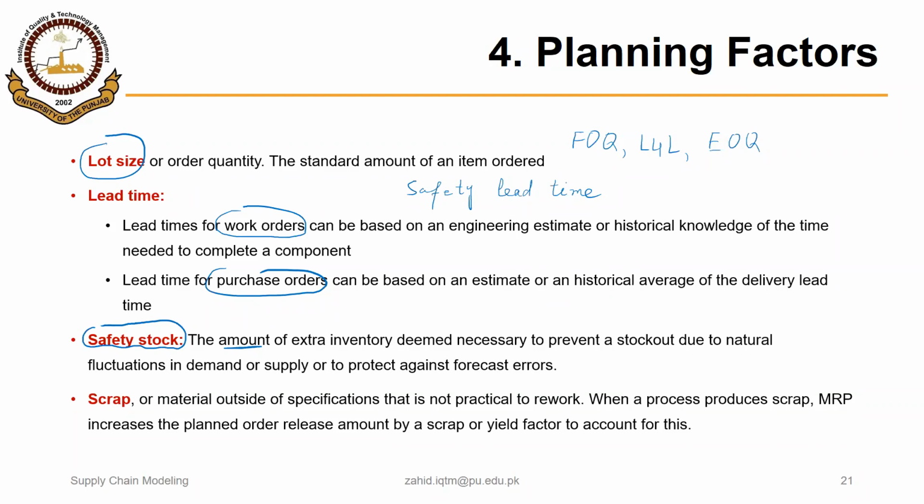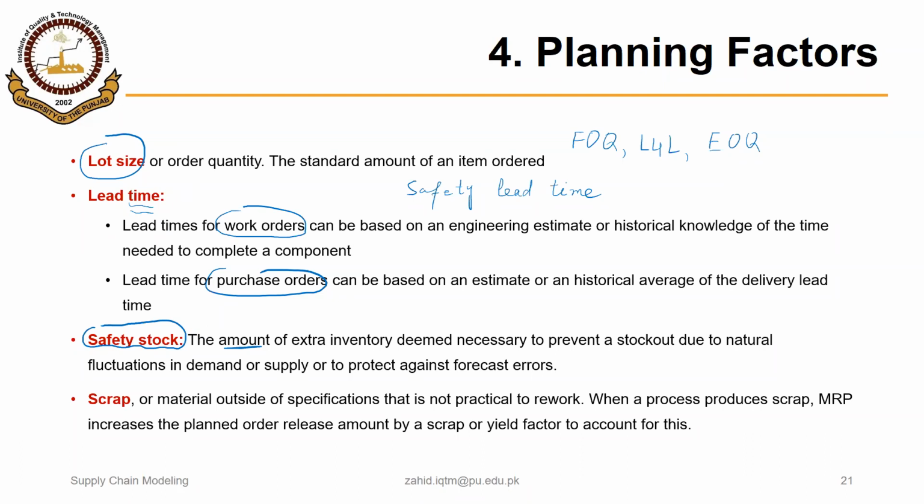forecast errors. So there are two types of uncertainties in supply chain. One is uncertainty related to time, the other is related to quantity. Uncertainty related to time is addressed using safety lead time, and uncertainty related to quantity is addressed using safety stock.